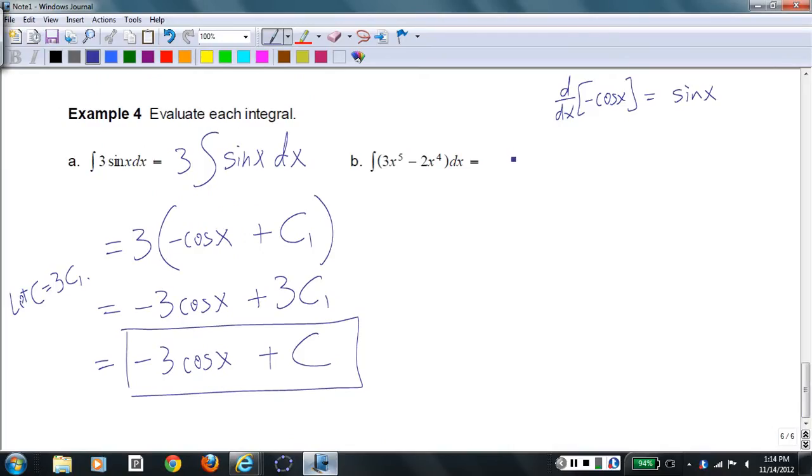The integral of the difference is equal to the difference of the integrals: the integral of 3x to the 5th dx minus the integral of 2x to the 4th dx. Separate the two integrands, because we can't apply the power rule to that difference, since that's not x raised to a power. But we can apply the power rule to them separately.